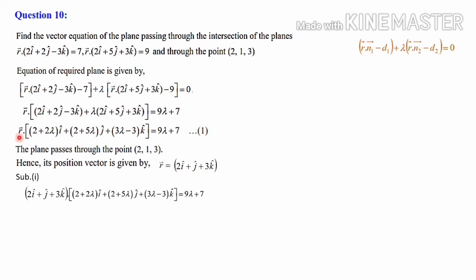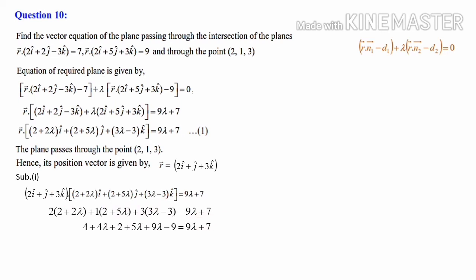So r becomes 2i cap + j cap + 3k cap, and the balance is the same: (2 + 2 lambda) into i cap + (2 + 5 lambda) into j cap + (3 lambda - 3) into k cap is equal to 9 lambda + 7. It is a dot product of two vectors, so we just multiply the scalar components: 2 into (2 + 2 lambda) + 1 into (2 + 5 lambda) + 3 into (3 lambda - 3) is equal to 9 lambda + 7.